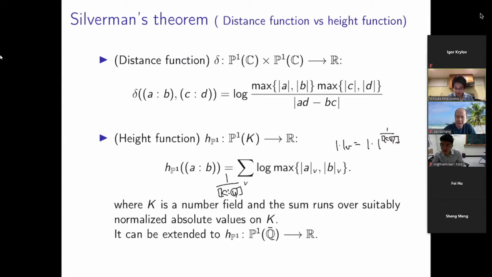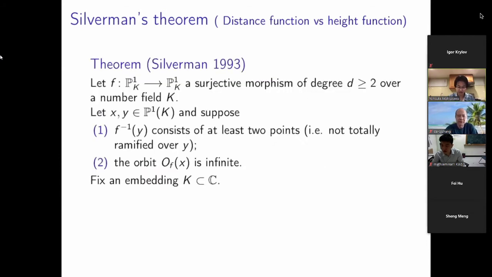But in this talk, I mostly work over a fixed number field, so we don't need to really care about this normalization. Having defined these notions, let me introduce the second theorem of Silverman. This theorem is what I want to generalize to the higher dimensional case.